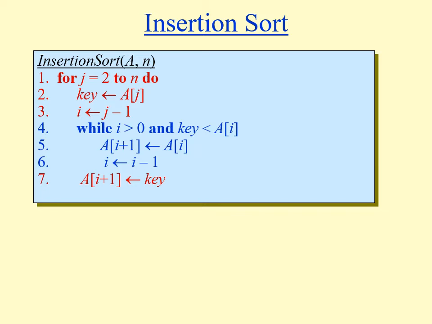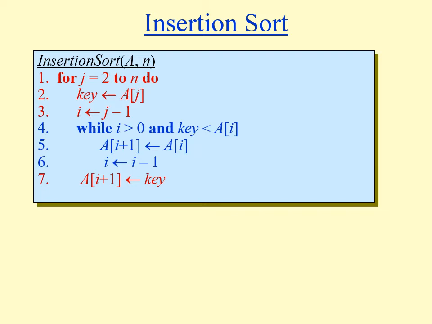After we find the correct location to insert the current element, we insert it. So you can find this algorithm has an embedded loop. The outer loop finds the position to insert for each element, and the inner while loop is to find the position.